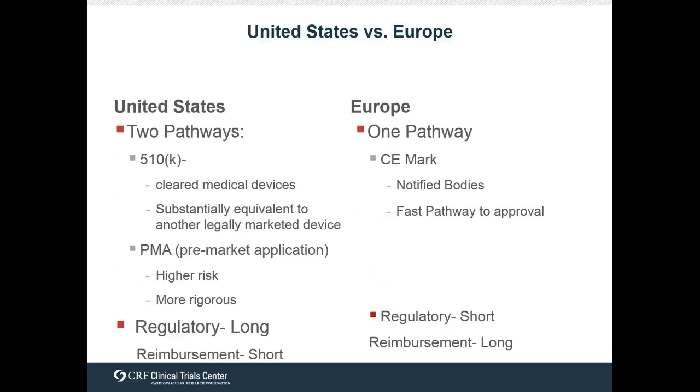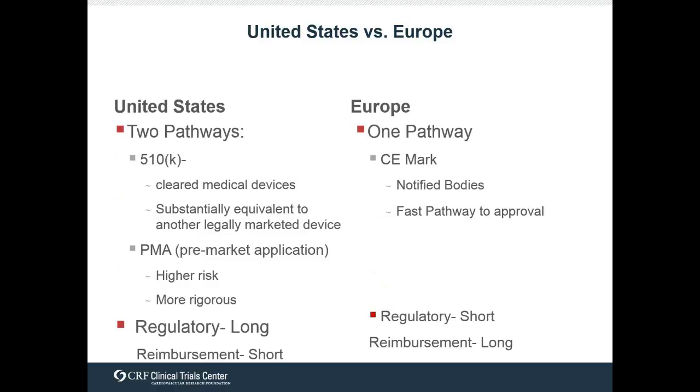But the traditional pathways are in the US and Europe, and the pathway to device approval varies significantly between the two. Except for 510(k), which covers lower risk devices already deemed equivalent to another marketed device, in the US most of the time we need a PMA application.